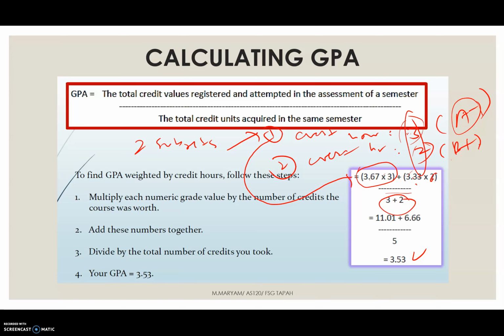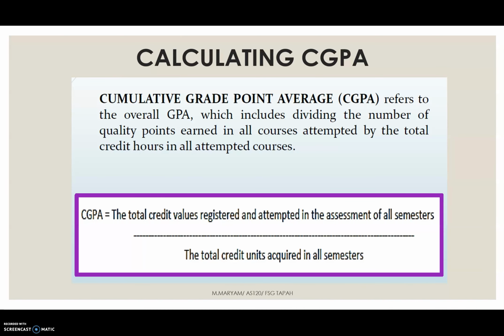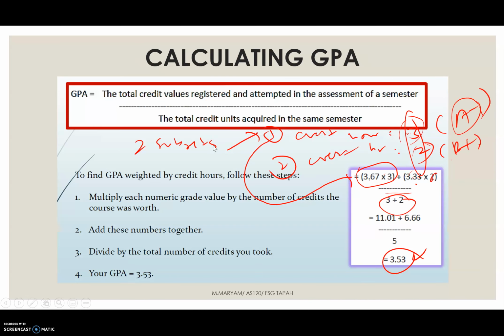Right, so this is your GPA for that semester, or for the semester that you are currently taking. Okay, but what if I want to calculate the CGPA? Let's say you now go into your second semester. So previously you were in your first semester where you got a GPA of 3.53.